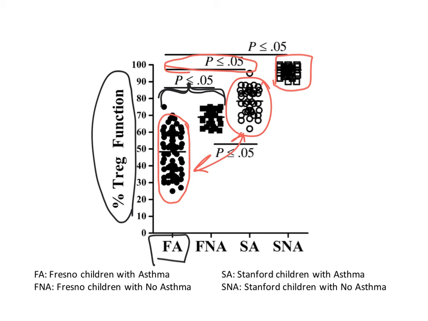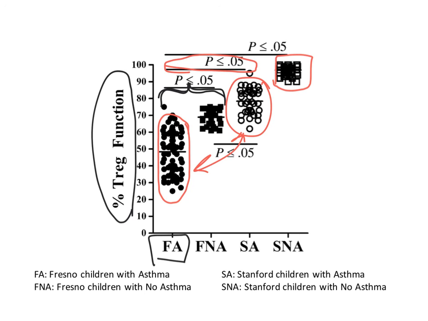So if you're in Stanford, in other words, your T regulatory cells work better regardless of whether you've got asthma. Benefit of living in Silicon Valley, maybe. But in both of these places, both in Stanford where the air is much better and in Fresno, if you don't have asthma, you have higher function in your T regulatory cells.